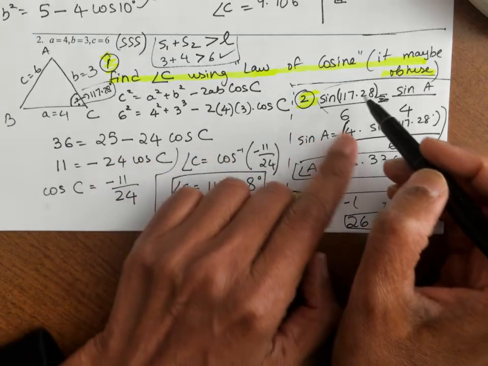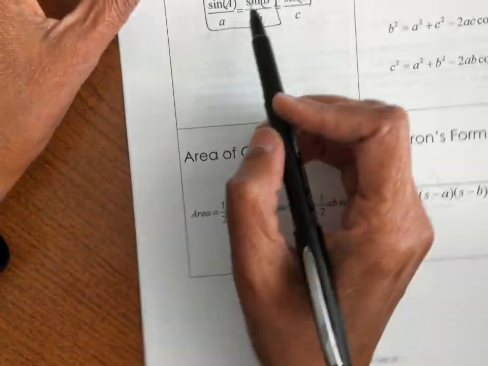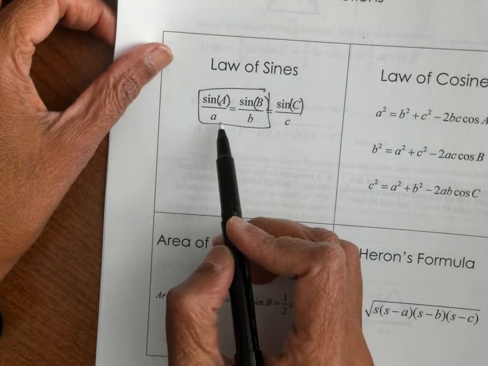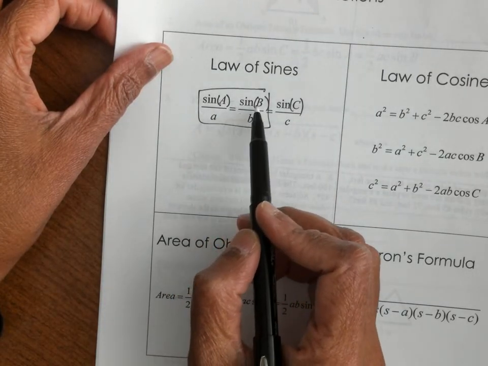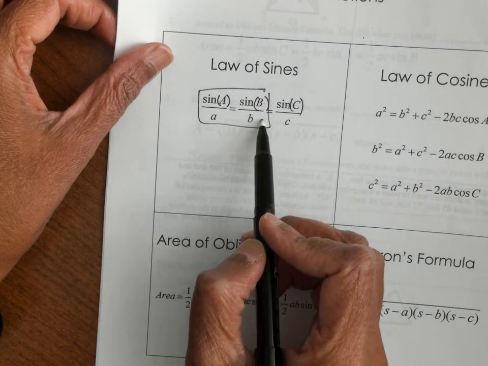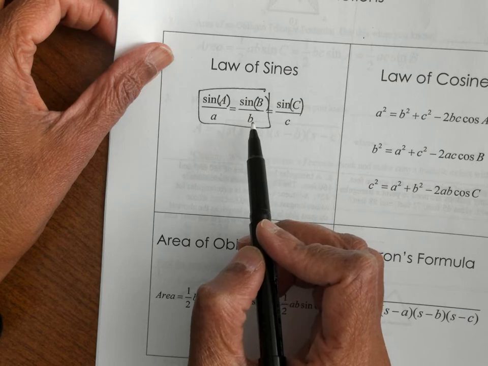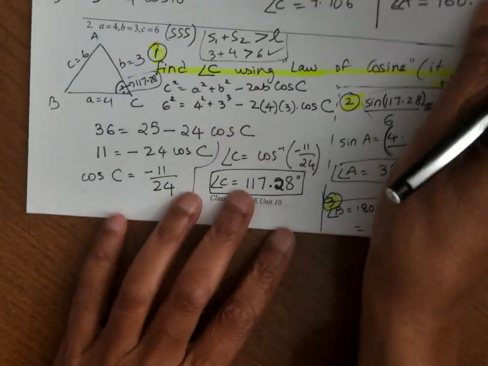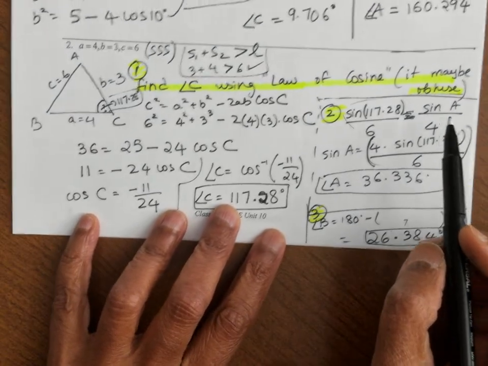Law of sine says, sine of an angle over the opposite side equals sine of another angle over its opposite side. So that's your law of sine. If you go back and look, my goal is to solve for one of the other angles.